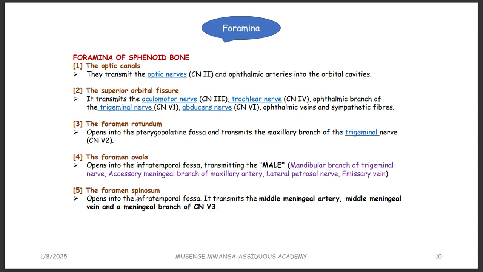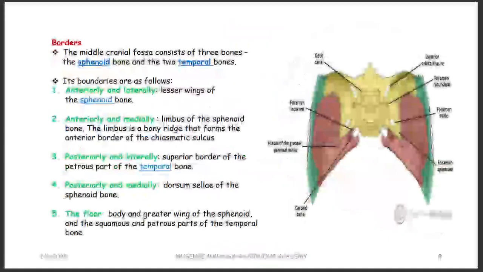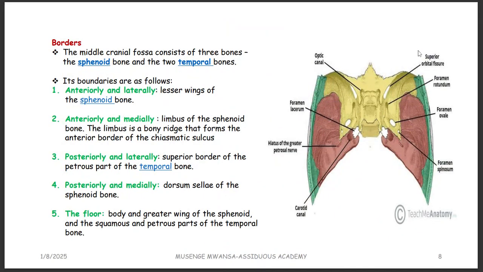And then for foramen spinosum, it has got the middle meningeal artery, middle meningeal vein, and the meningeal branch of cranial nerve number 5. So you can see not cranial nerve number 5 itself, but the meningeal branch. So to make work easier for yourself, superior orbital fissure is on top. So the topmost branch of cranial nerve number 5 is V1, which is ophthalmic.